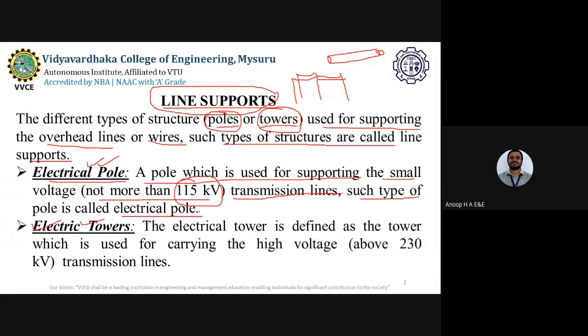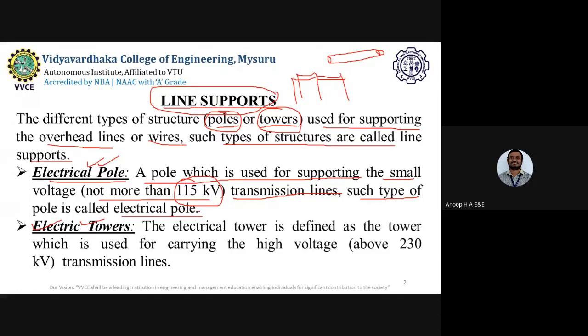What you see in your nearby areas, with voltage around 115 or generally 132 kilovolt, such structures are called the electrical pole. That is where you will find the term electric pole.